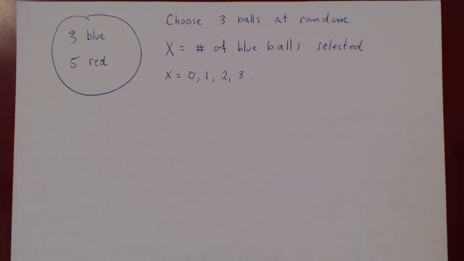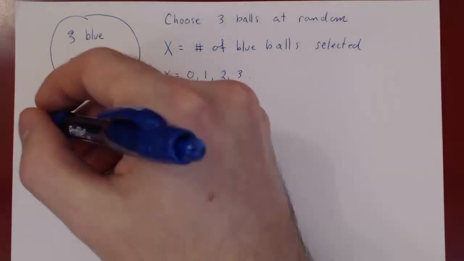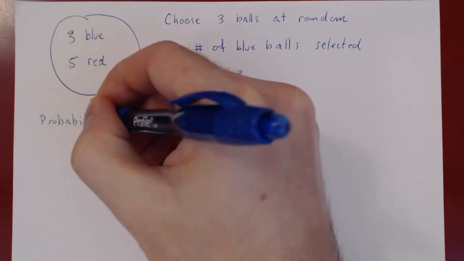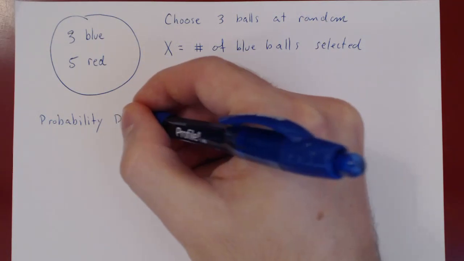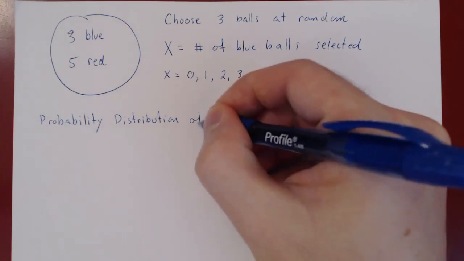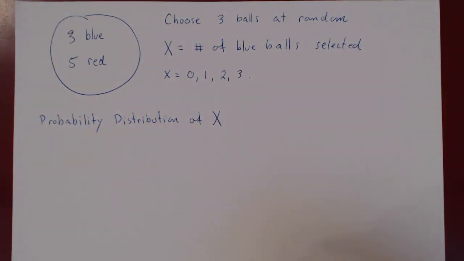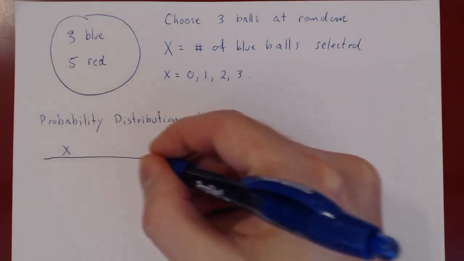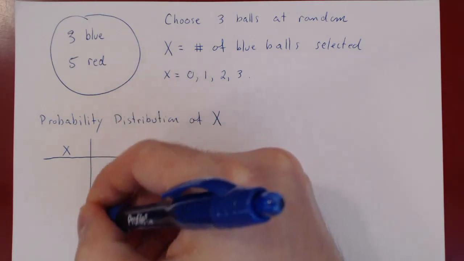And once we have this, everything will be done very easily from this distribution table. And a probability distribution is simply an assignment of probabilities. So the probability distribution of X. Well, we will assign to each value of x its corresponding probability.